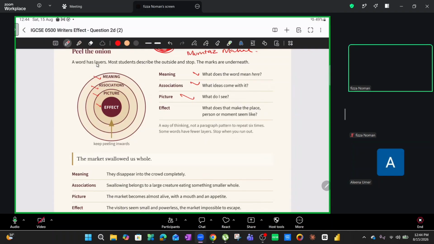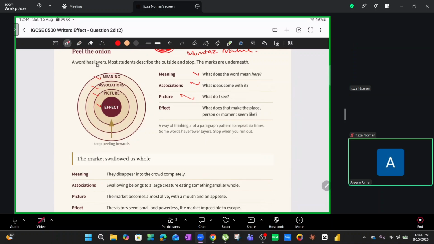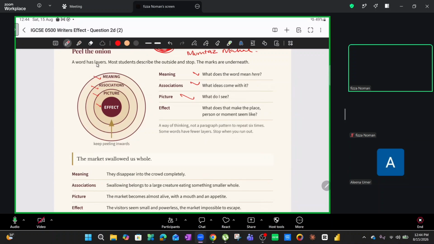What picture do you see now? माइंड में पिक्चर क्या बनी एकदम से? Whale वाली. नहीं, market swallowed as a whole. Market वाली.